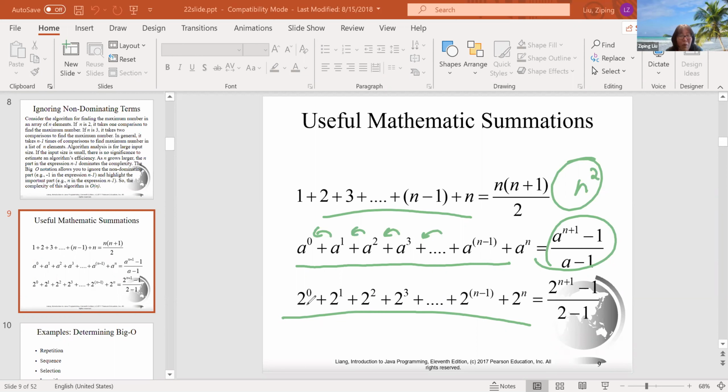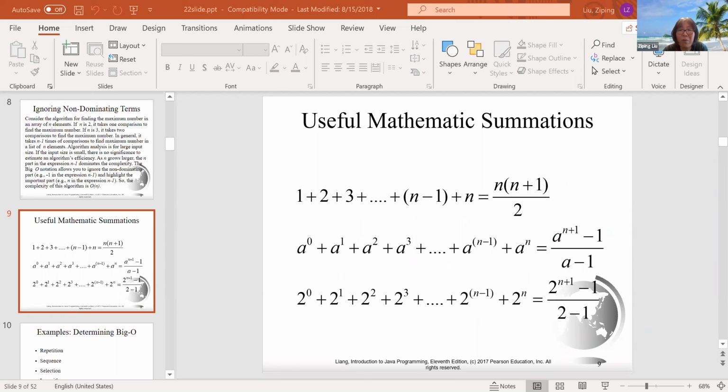It's 2 to 0 plus 2 to 1 plus all the way to 2 to n. Basically this is 2 to n plus 1 minus 1, and generally we also say it's 2 to n. So that's just some uses for summations.